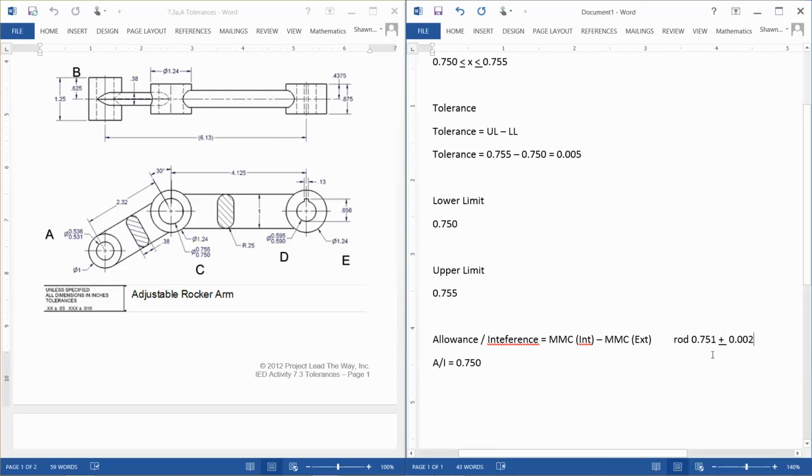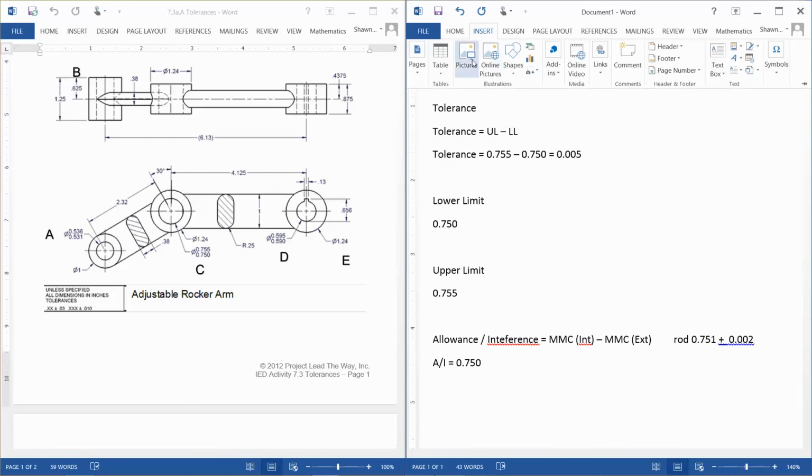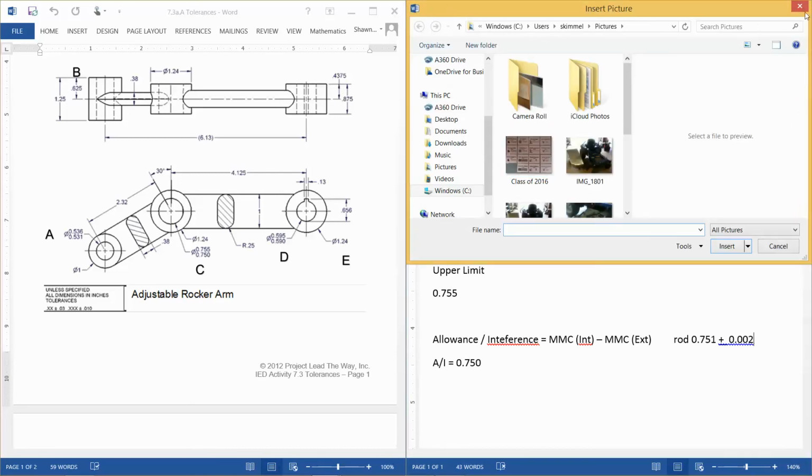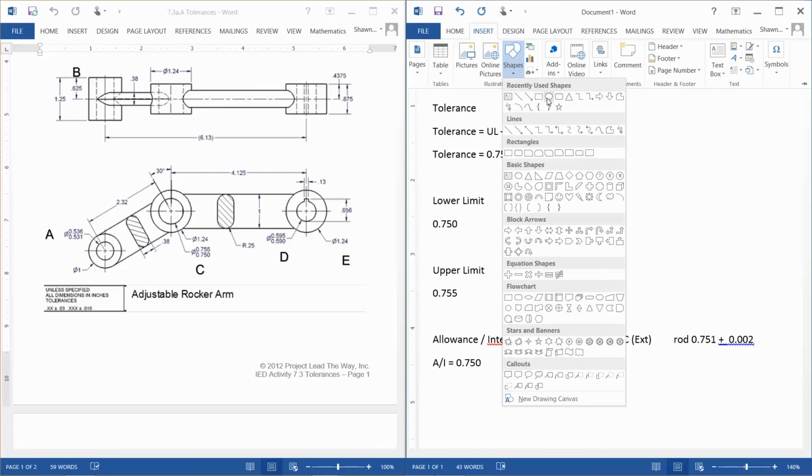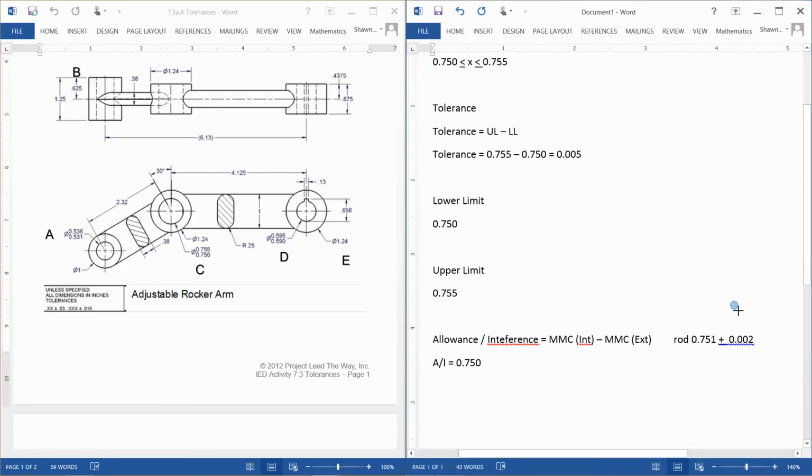So in this case, minus the maximum material content of the exterior. This rod is where we would be measuring the outside. I'm just going to put a picture on here of a shape. Here we go, we've got a circle. Here's this rod, and there's the tip of the rod. When is this rod going to have the most material? That's when it's at its widest. So I'm going to add the 0.002 to this, since I'm measuring on the outside.